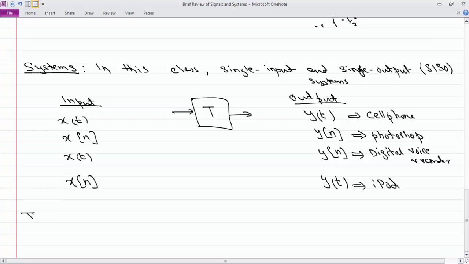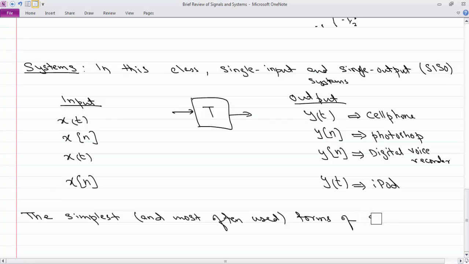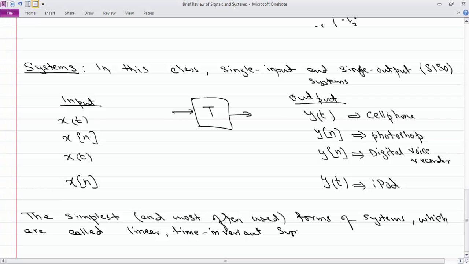So to simplify the world, we look at the simplest and most often used forms of systems, which are called linear time invariant systems.